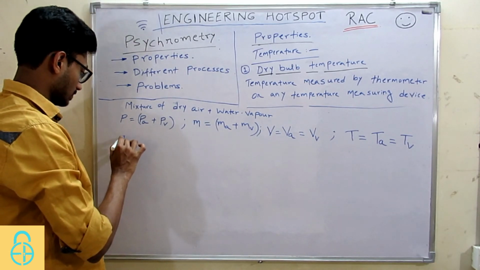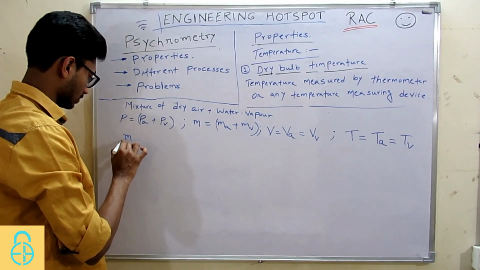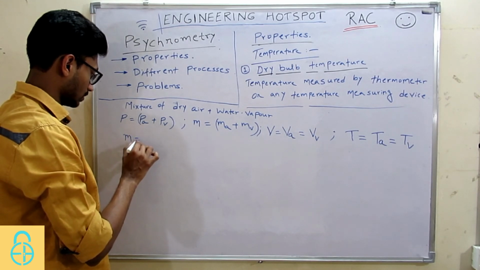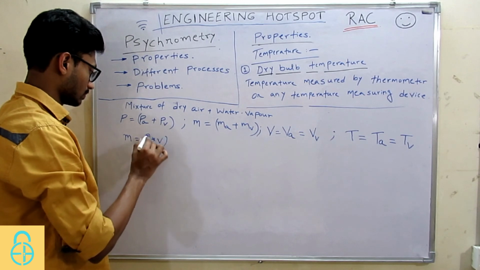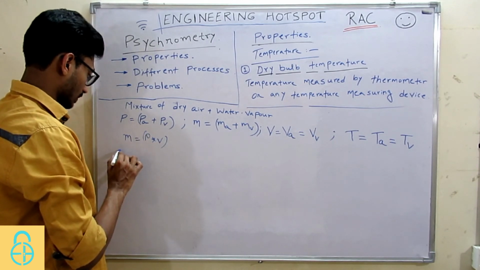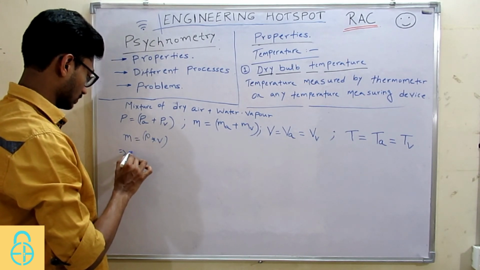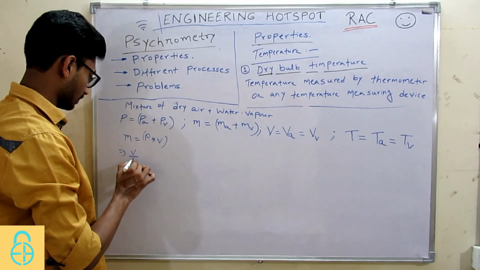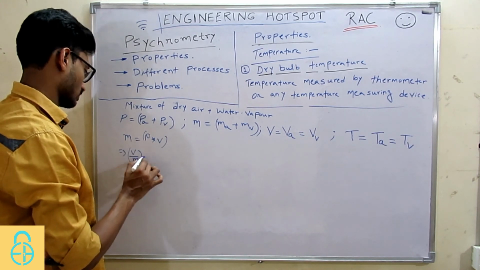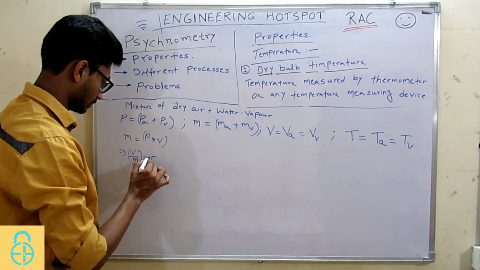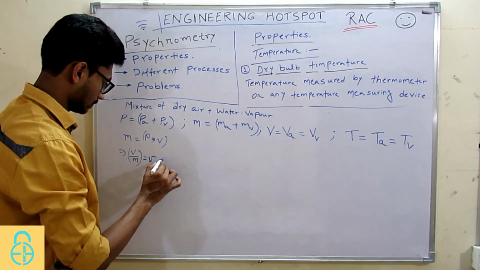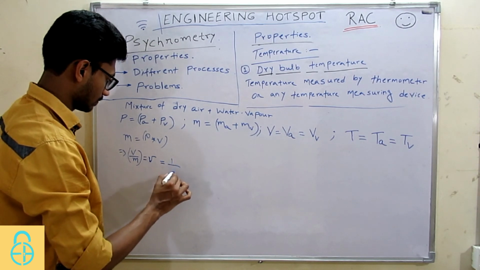You know, mass is equal to rho into volume. So V by M is specific volume, and it will be 1 by rho.